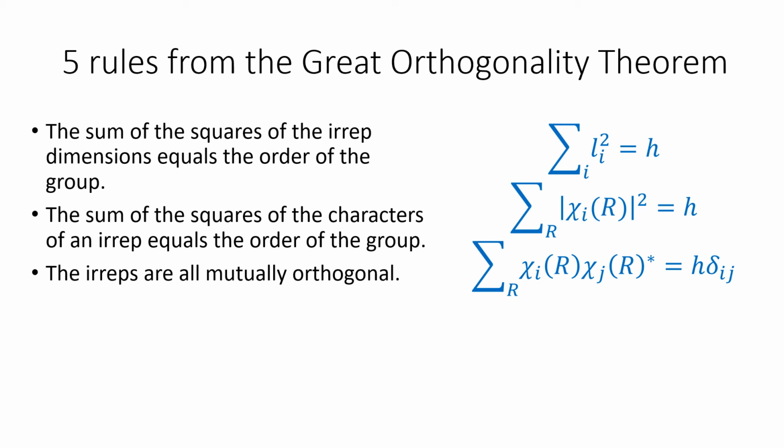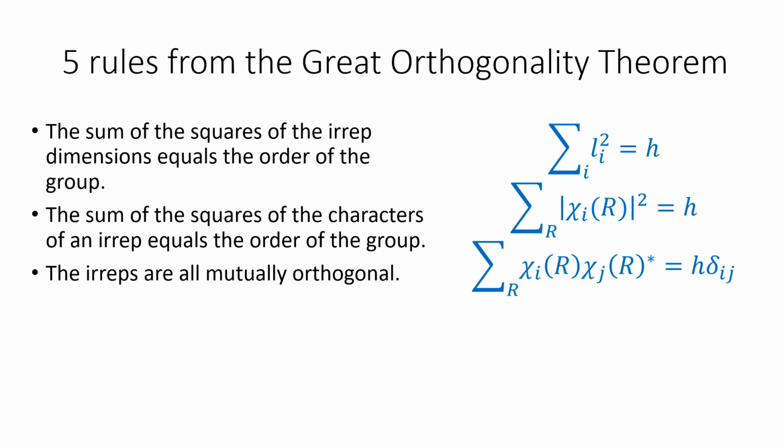A couple of extra points that are in the equation. We've also got a complex conjugate in there, and that complex conjugate is just allowing for there being complex characters. We will meet some complex characters a bit later on. So if you have a complex character, then you will need to take a complex conjugate at this point. And then the new symbol there on the right hand side of the equation is this lowercase Greek delta, ij.